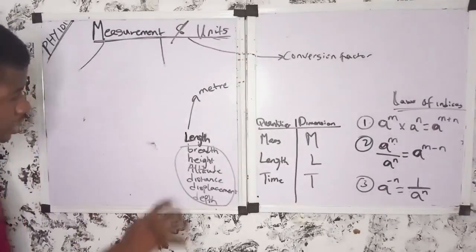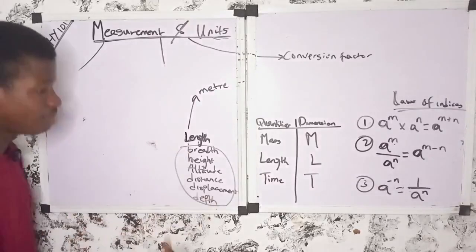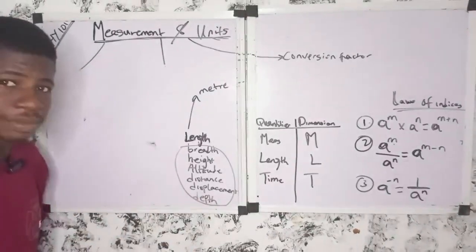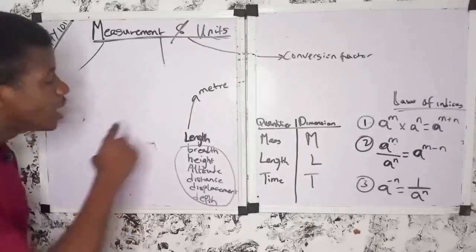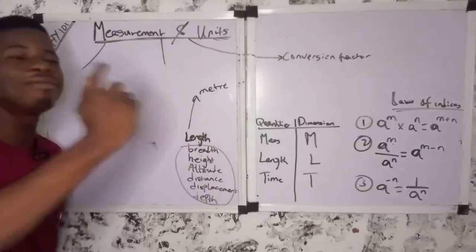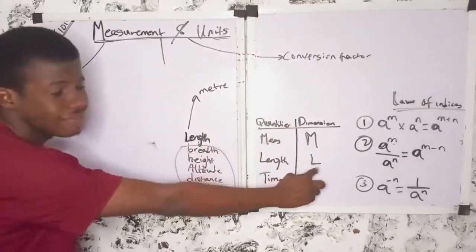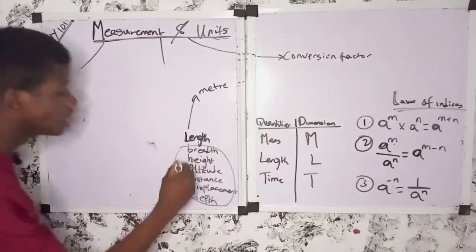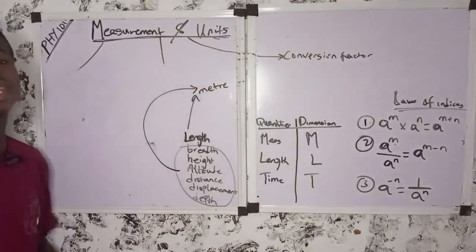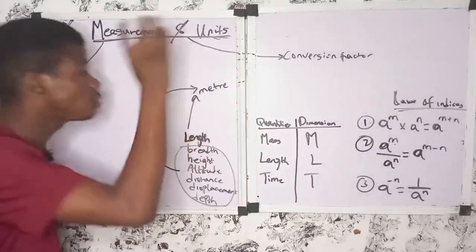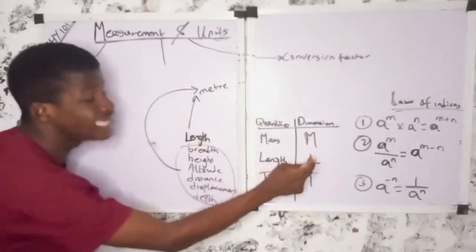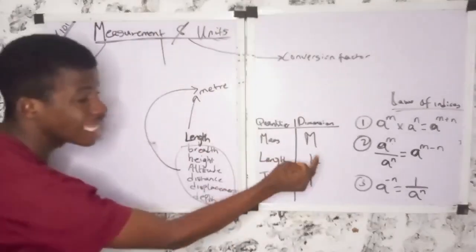Now, if you look at the board, look at these quantities: breadth, height, altitude, distance, displacement, and depth. Please take note: all these quantities have the same dimension as length. The reason is that their SI unit is also meter.